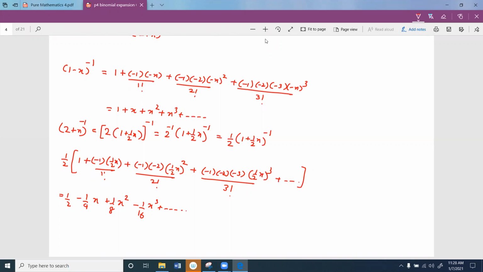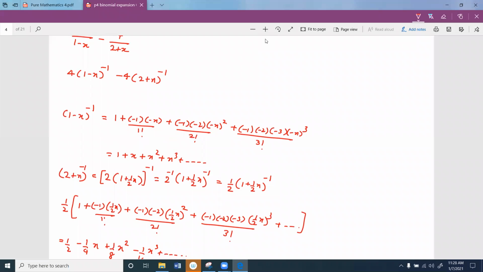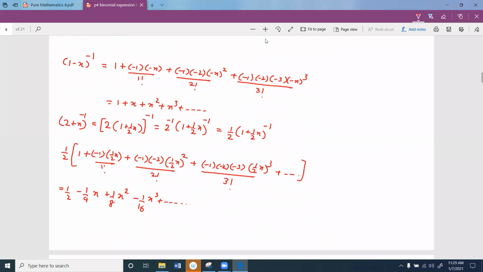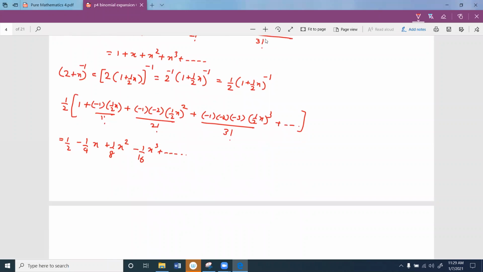Now what you need to do is, we can say this answer is 4 into this, and minus 4 into that. So the final answer is 4 into (1 plus x plus x squared plus x cubed) minus 4 times (1 over 2 minus 1 over 4x plus 1 over 8x to the power 2 minus 1 over 16x to the power 3), and it goes on.